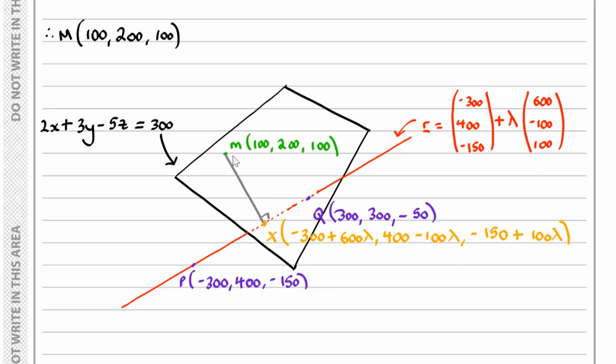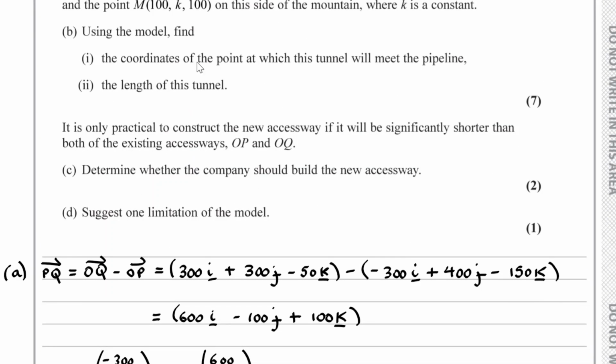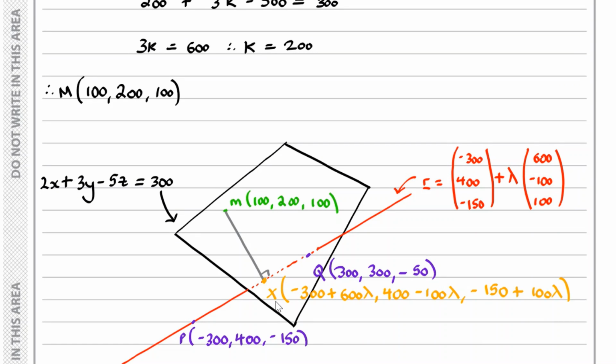For the first part of this question, the coordinates of the point at which the tunnel will meet the pipeline are the coordinates of X, which we need to find.